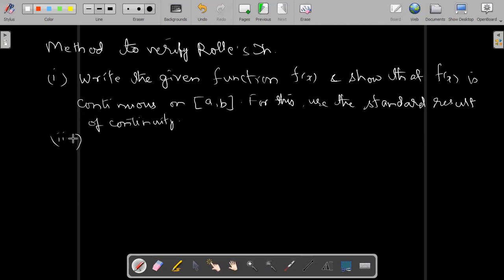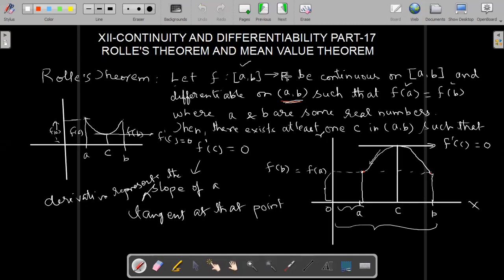Then the second condition, it should be differentiable. The third condition, f(a) is equal to f(b). So there are three conditions: continuous, differentiable, and f(a) equal to f(b). These three conditions we have to show.